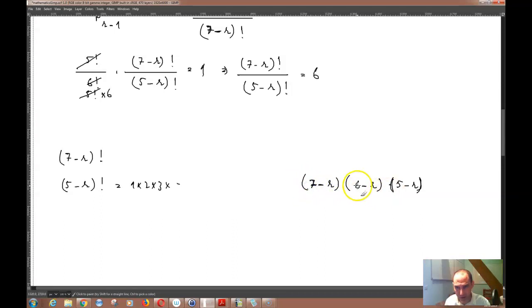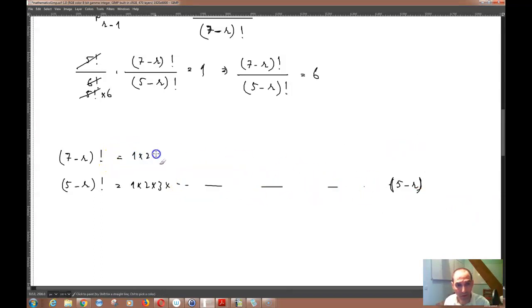And the terms are getting smaller and smaller. For example, if I set r equal to 1, some arbitrary value, 5 minus 1 is equal to 4, 6 minus 1 is equal to 5. No, so I think this is wrong. I need to do the same thing with this one over here.